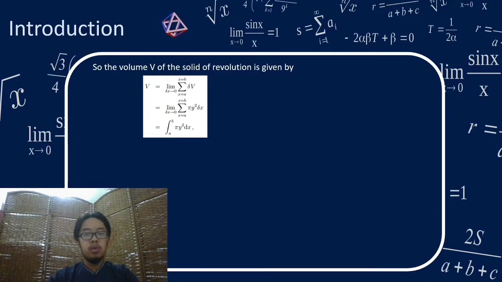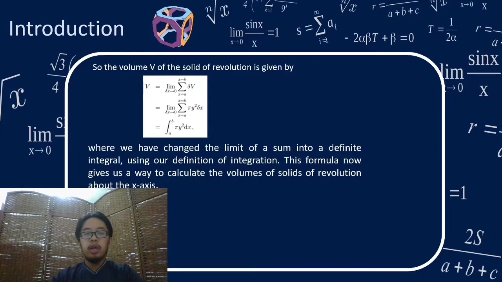This equals the integral from a to b of π y squared dx, where we have changed the limit of the sum into a definite integral using our definition of integration. This formula now gives us a way to calculate the volume of a solid of revolution about the x-axis.